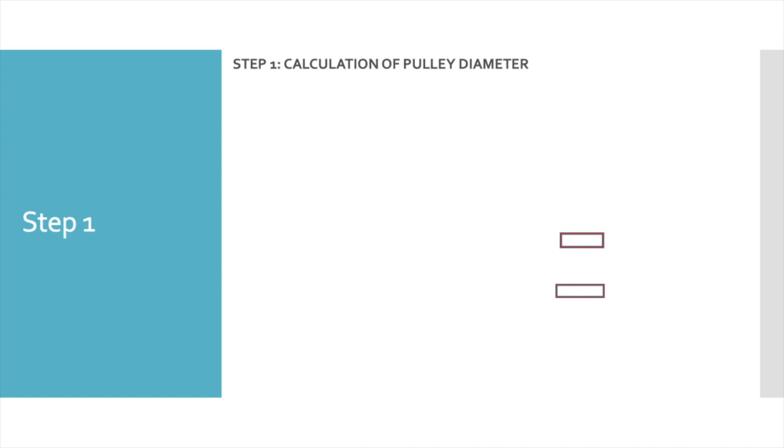Step 1 of the design procedure is calculation of pulley diameter. We all know the velocity ratio, which is N2 by N1, is equal to the diameter of larger pulley divided by the diameter of smaller pulley. Keeping this formula in mind, we calculate the speed ratio, which is the speed of driver divided by the speed of driven.